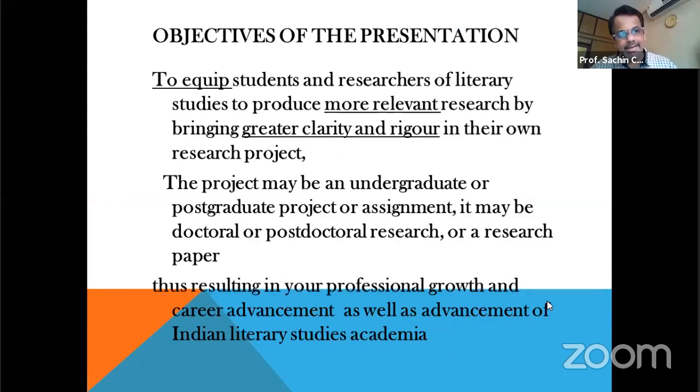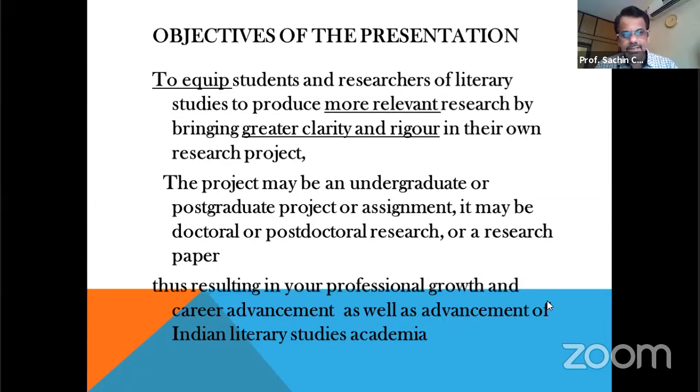So the whole intention behind having this presentation is to equip students and researchers of literary studies to produce more relevant research by bringing greater clarity and rigor to their own research project. You may be working as an undergraduate or a postgraduate student, or you may be a doctoral or postdoctoral researcher, or you may be just working on a research paper.